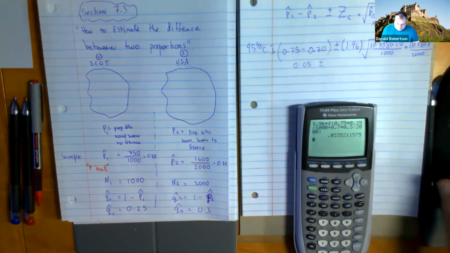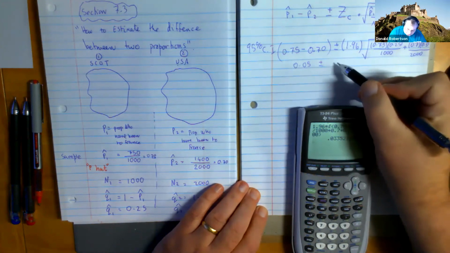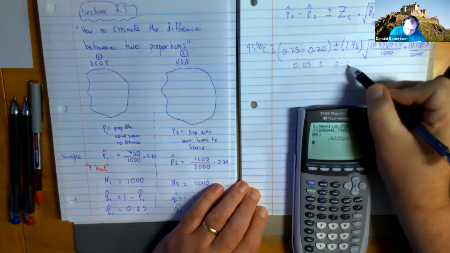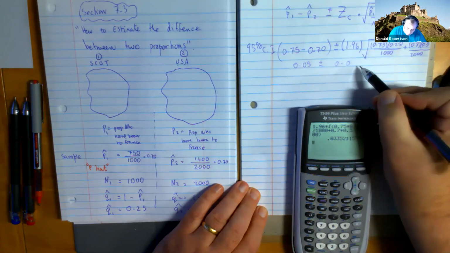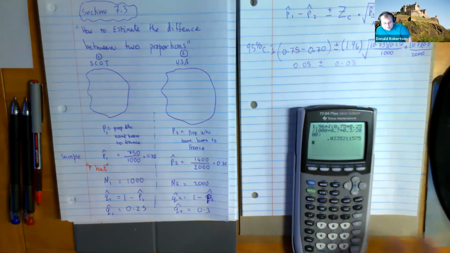Oh, so the answer that we get here is, give or take, 0.03. I'll just make it 2 decimal places. I could have done more accurate.